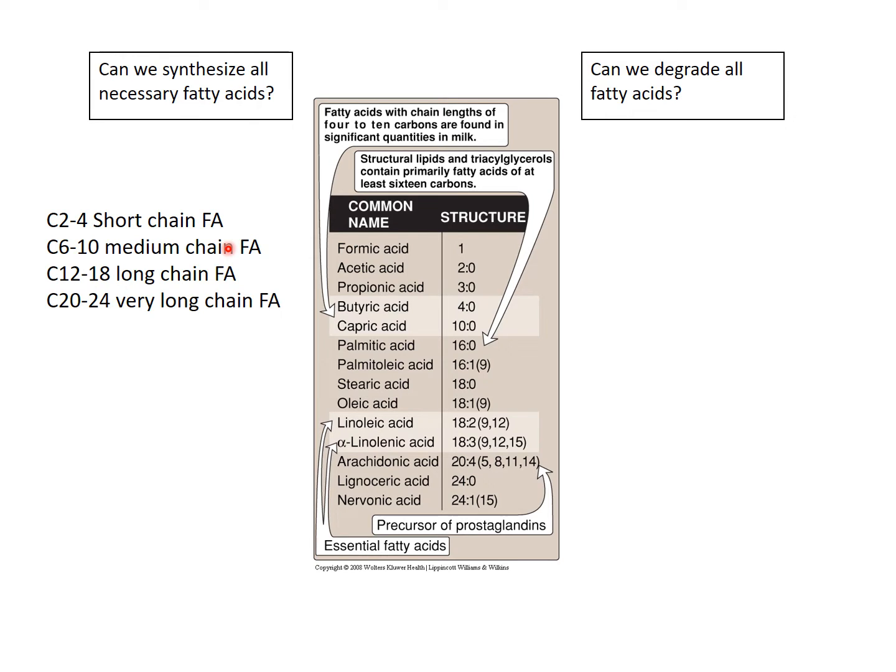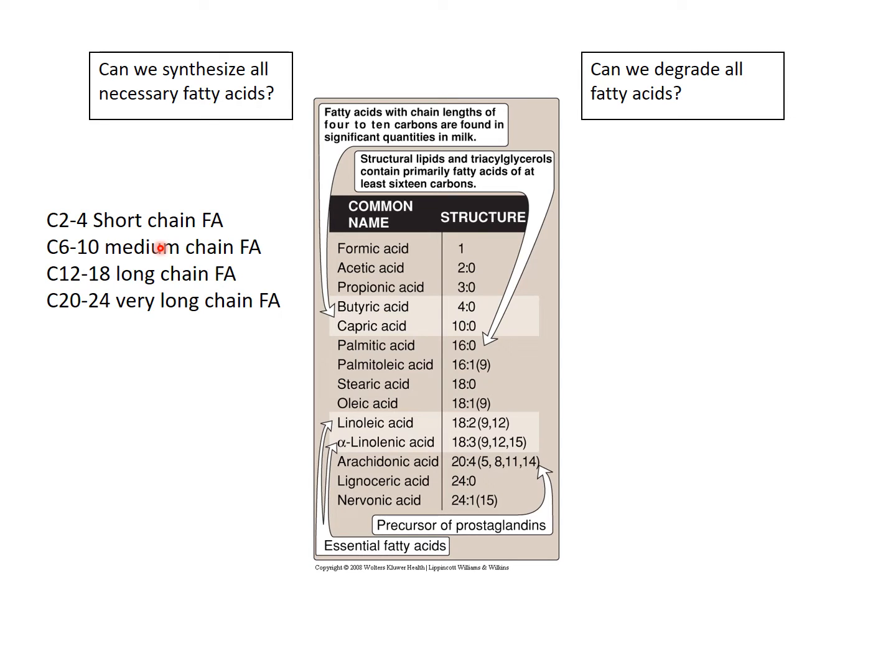So it's important to know that although we do synthesize long chain fatty acids, which is what we usually do for storage purposes, when it is necessary, we can also synthesize medium chain fatty acids.